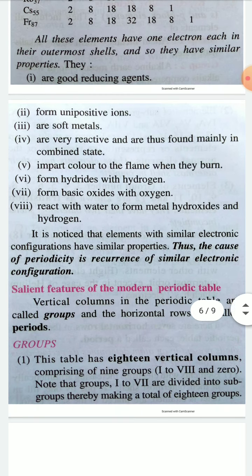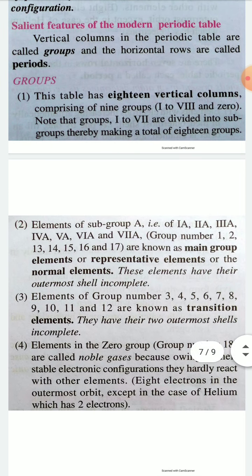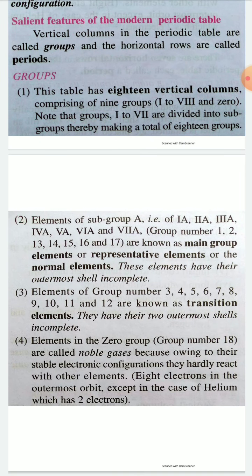Now, salient features of the Mendeleev modern periodic table. In the modern periodic table, there are groups and periods. Groups are vertical columns and periods are horizontal rows. There are a total of 18 groups.